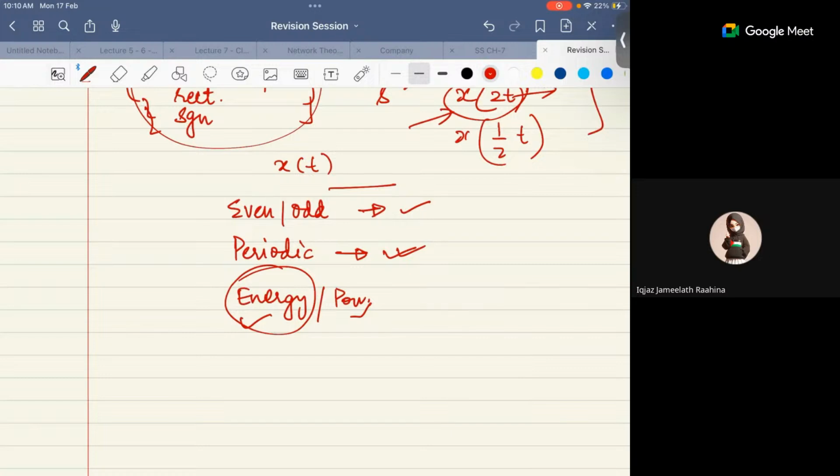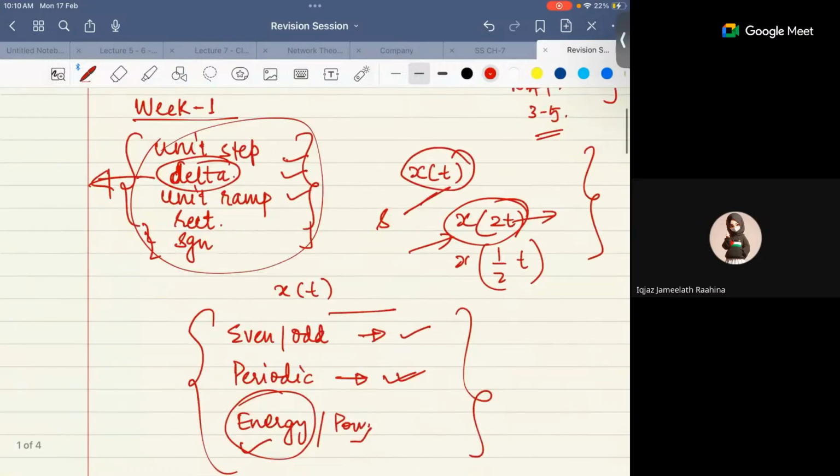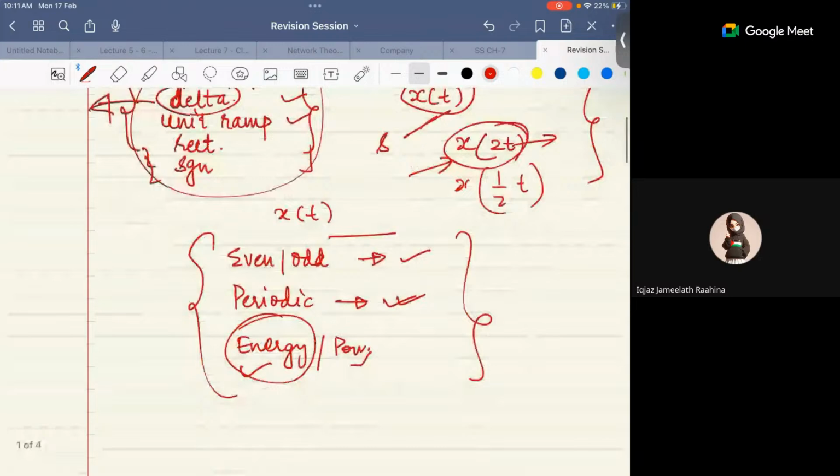So these are the important portions that you must be knowing. You can't skip those portions. Is that clear? Can we move to the question solving part? These are the most important portions: some standard signals, then whatever you do like scaling, shifting, and the mix of all those, and the classification of signals.